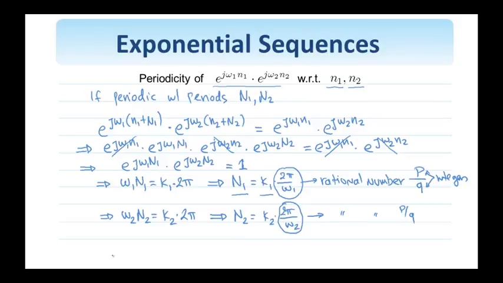So just for a two-dimensional example, if I have e to the j 3 n1 times e to the j 4 n2, then from here omega 1 equals 3, omega 2 equals 4, and therefore 2 pi over omega 1 equals 2 pi over 3, which is not a rational number.